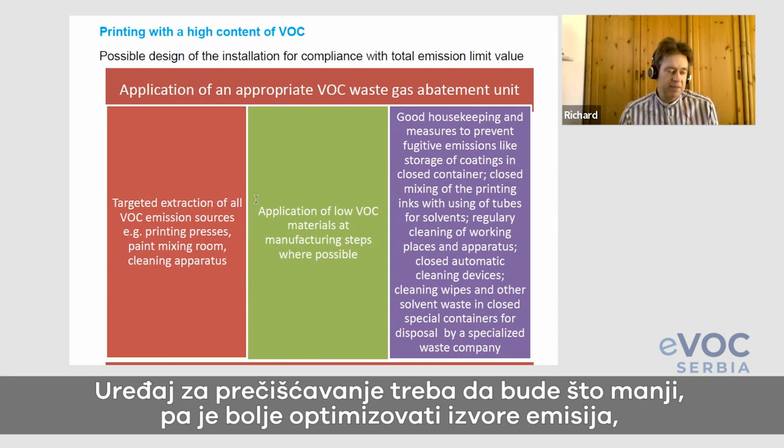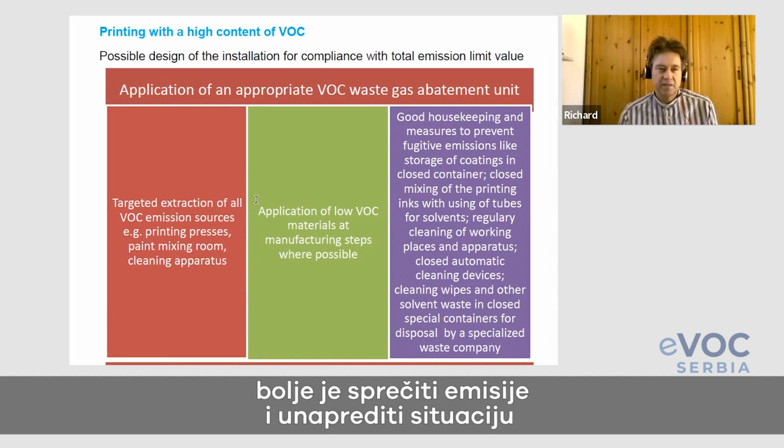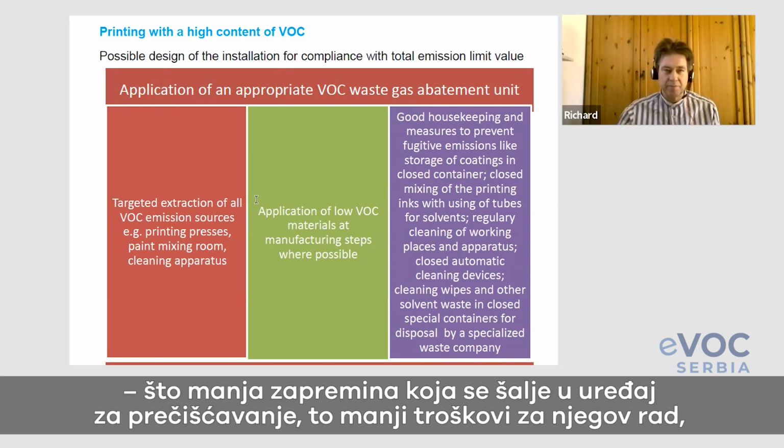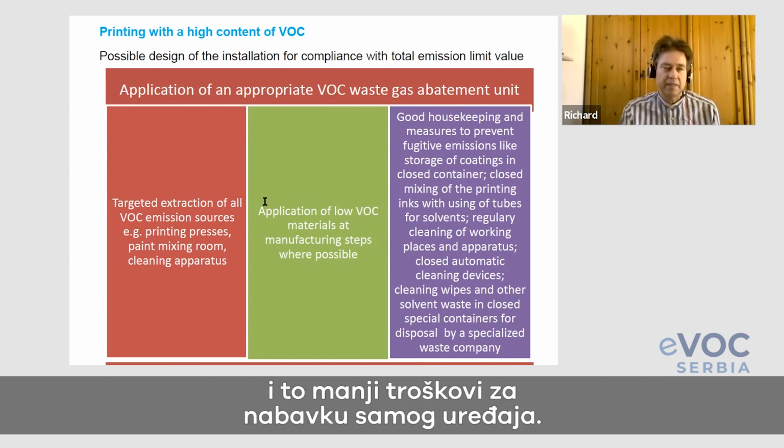So it is better to optimize the emission sources, to prevent them if possible or to improve the situation, because the less volume you feed to the waste gas abatement, the lower your operation cost will be, and the lower the cost for the abatement unit too.